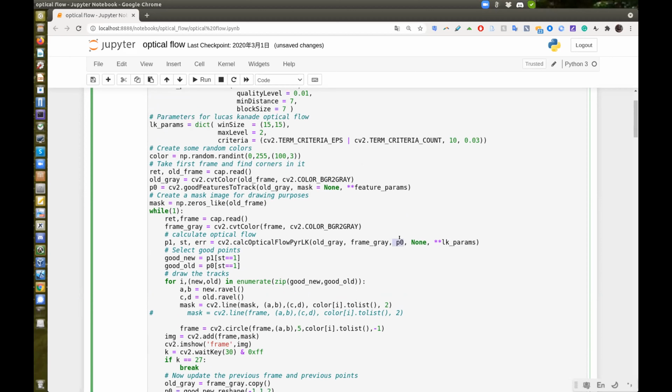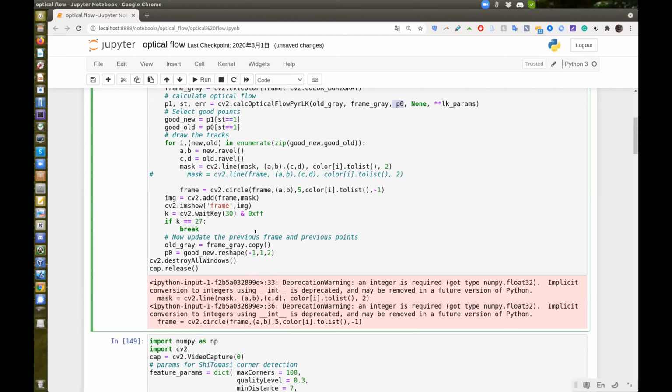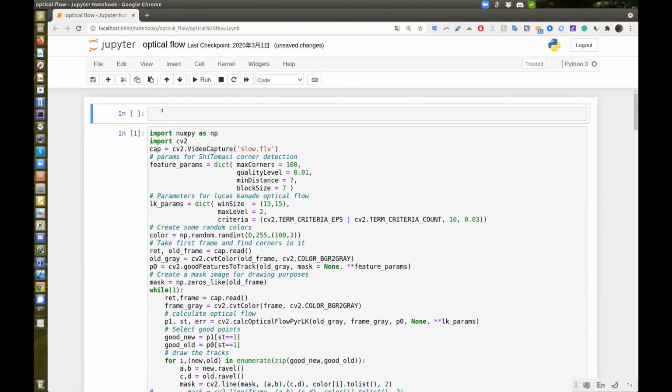You basically need to put in what points you want to track. Of course I can track every point on the screen. For example, I can... let's see, I'm not sure. I want to try that. Let me see if I can change it easily and try that.